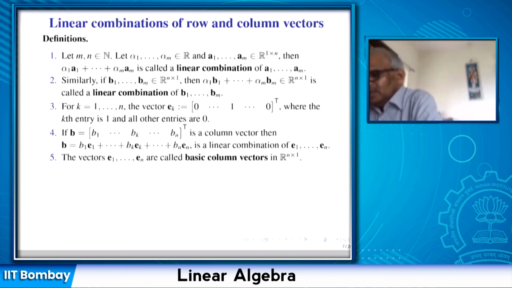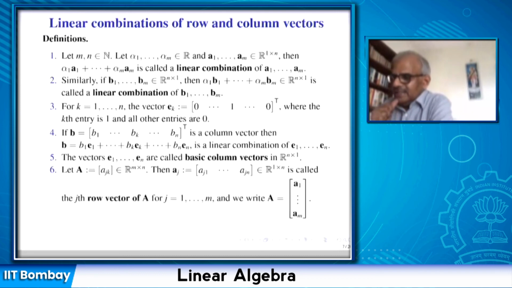So R^(n cross 1) is the same as R^n, but we will think of elements of R^n as column vectors, and so it says that all column vectors or all vectors in R^n are linear combinations of these basic column vectors e1, e2, en.